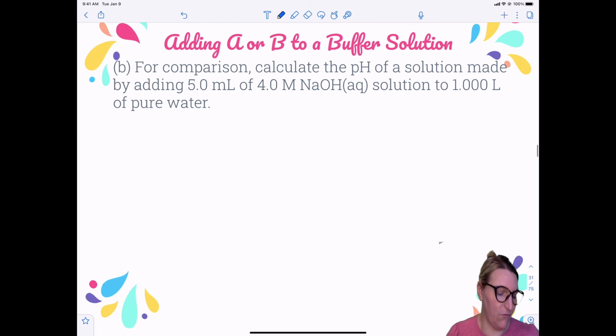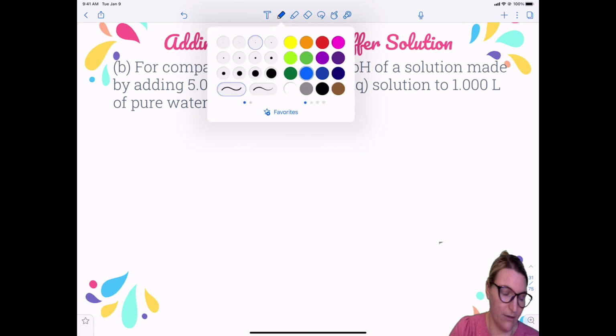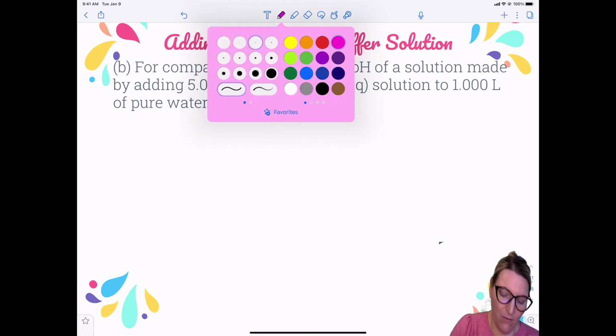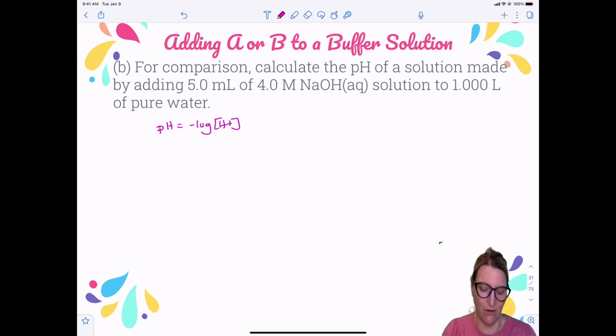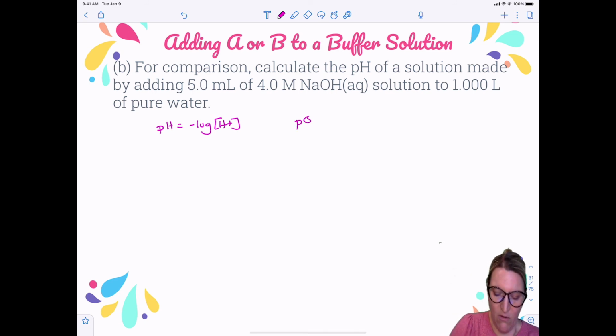Part B says, for comparison, calculate the pH of a solution made by adding 5 milliliters of 4 molar NaOH to 1 liter of pure water. So how am I going to do this? Well, as always, pH is the negative log of the H plus concentration, or H3O plus concentration. And pOH equals the negative log of the OH minus concentration.